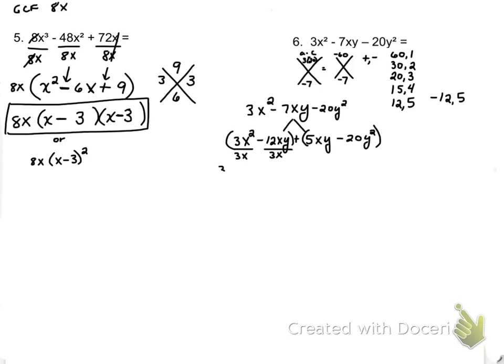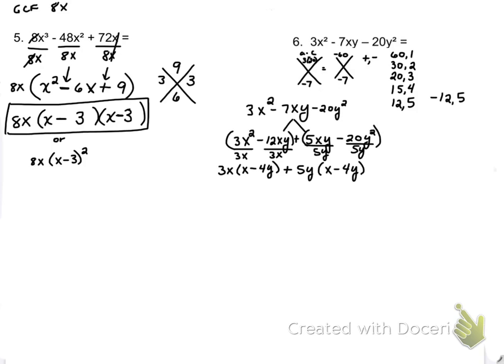So you factor out a 3x, and you're left with x minus 4y. And the greatest common factor in the second group is a 5y. So we factor out a 5y. And we're left then with, remember that number goes in front, inside parentheses, we're left with x minus 4y.